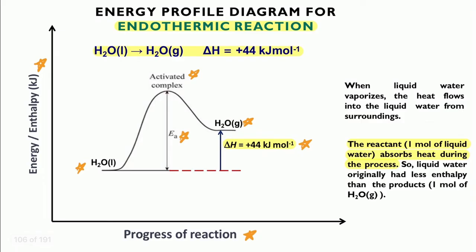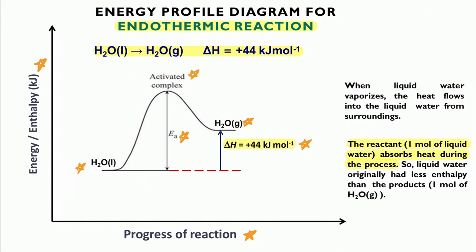We need to know how to draw the energy profile diagram for each of the reactions. So for an endothermic reaction, like before, we need to have enthalpy or energy on the y-axis and reaction coordinate or progress of reaction on the x-axis.